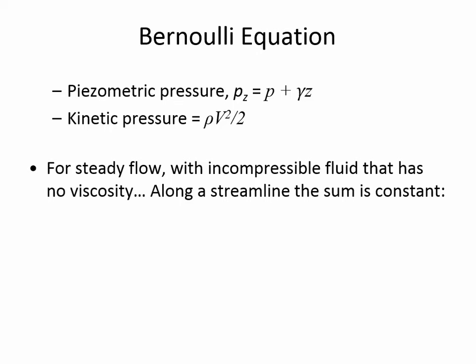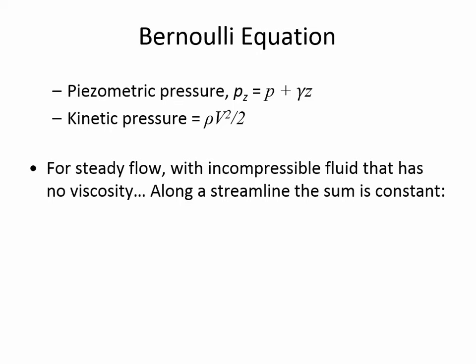So this is just saying another way we can measure it is in terms of pressure plus gamma z plus the density times velocity squared divided by 2. And that's constant. So the only difference here is that if we divide each term by gamma, then we'd have pressure divided by gamma, Z1 for this term.